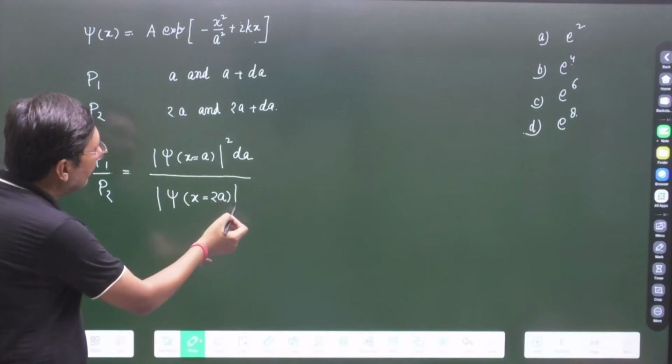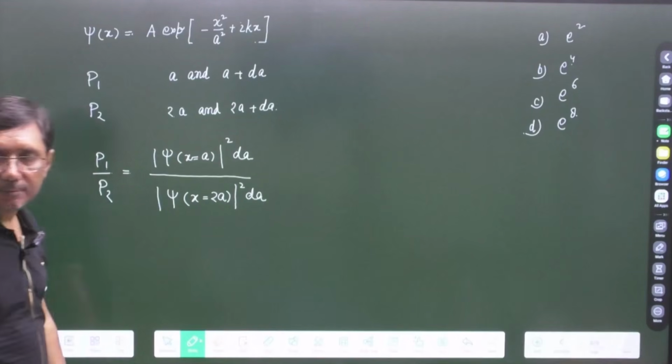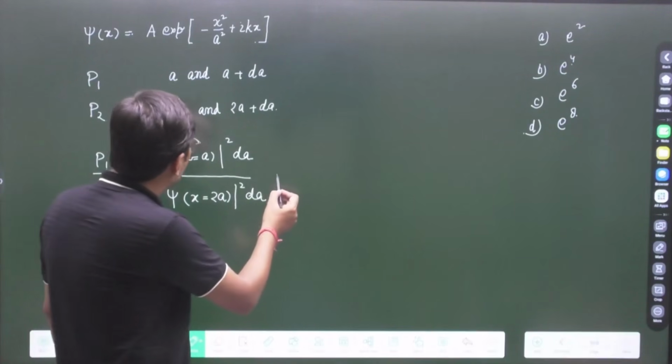But length element is still dA. In this way, we have defined the probability, the Born approximation. ठीक है? So this will be dA.